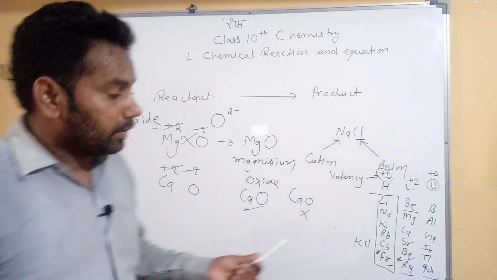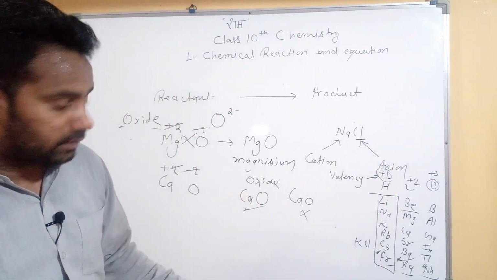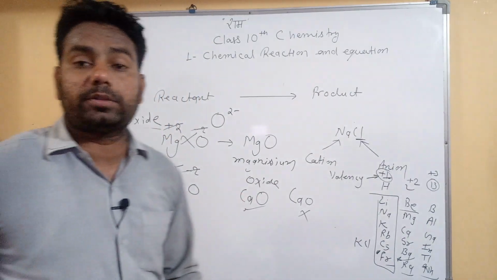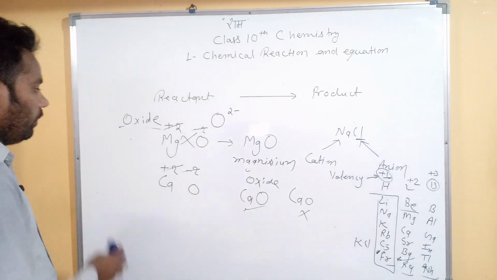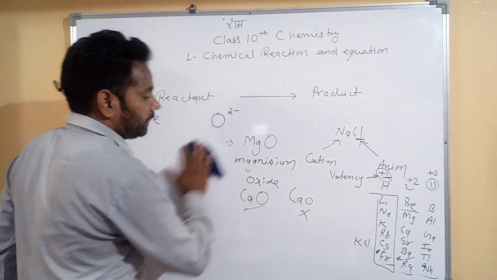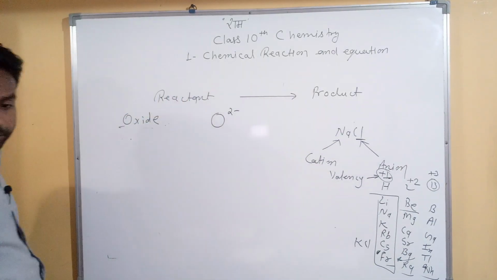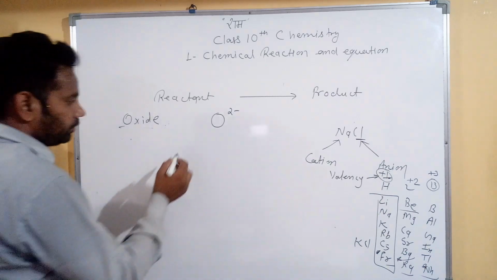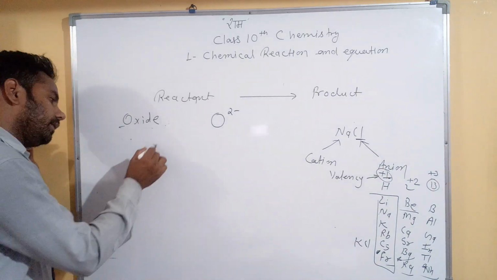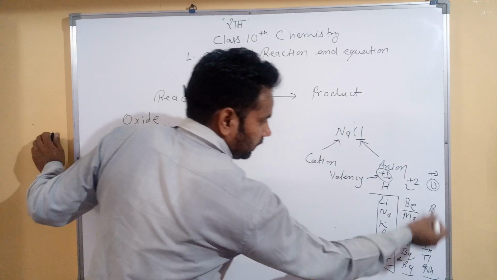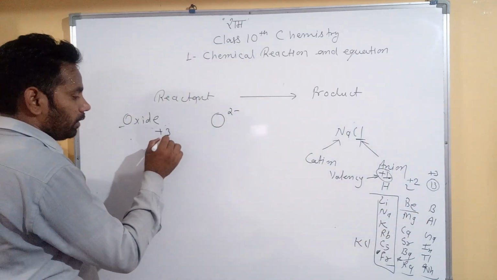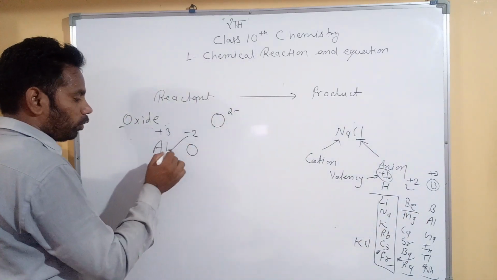Then aluminium oxide. What is the formula of aluminium oxide? Aluminium Al has valence +3 and oxygen is -2. Cross multiply.